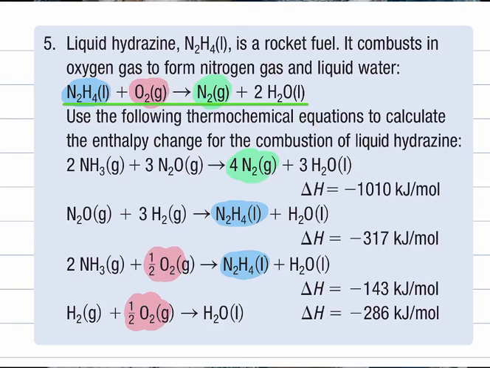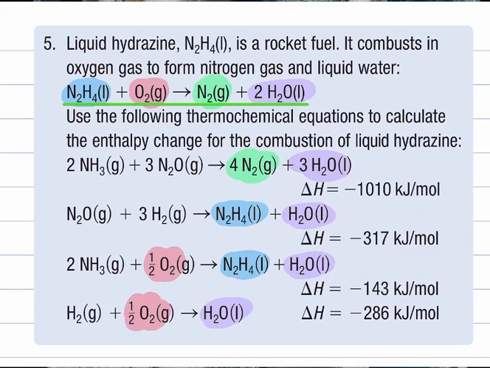And then finally, we have water. Water's here, water's here, water's here, water is here, and water is there. Now, that tells us do not start with water. Now you'll notice something else.